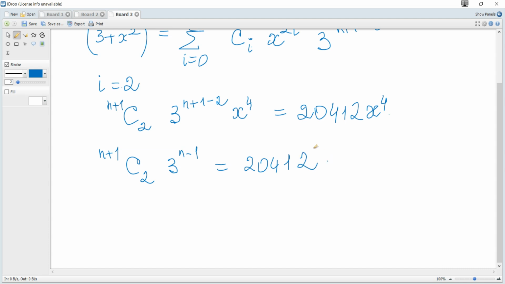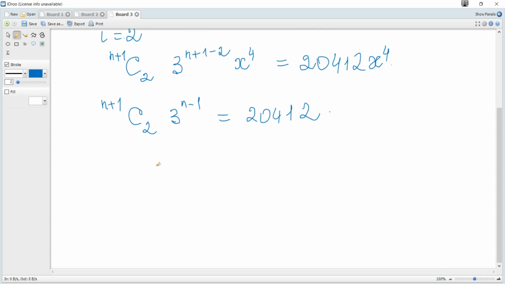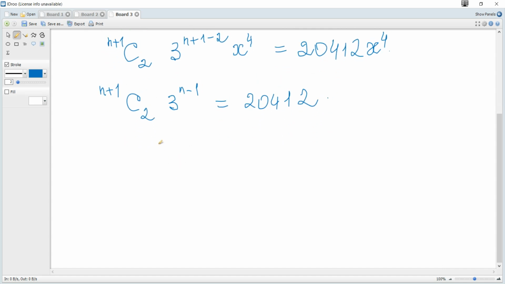And what is the number of combinations? The formula is given in the data booklet. It's the greater number factorial divided by the smaller factorial and the greater minus smaller factorial.